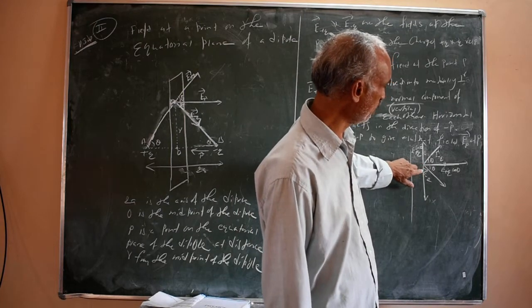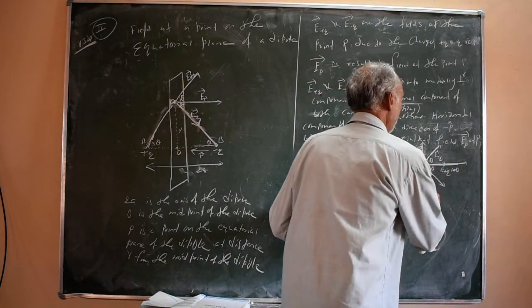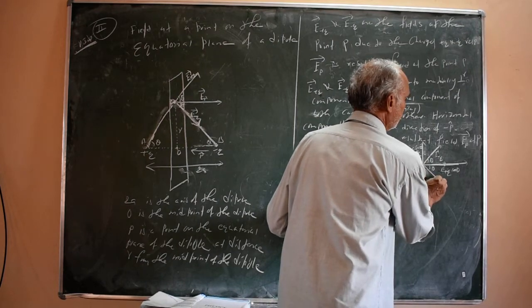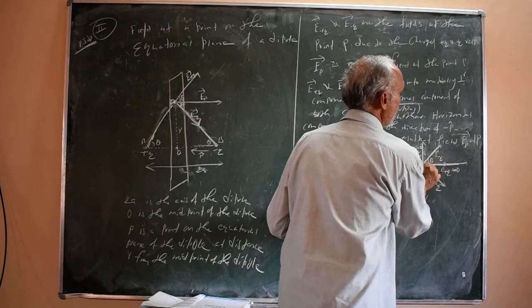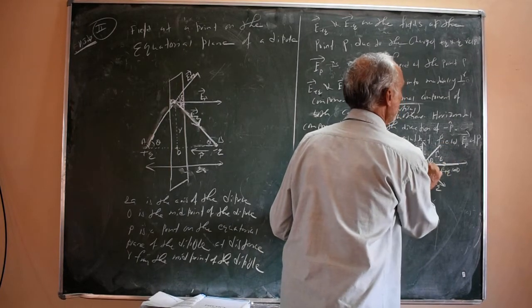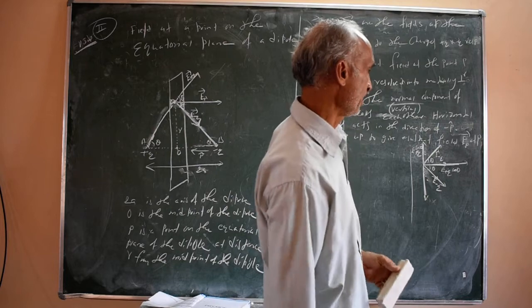And E minus Q is also resolved. E minus Q is acting in this direction now. E plus Q horizontal component is E plus Q cos theta, vertically is E plus Q sin theta.